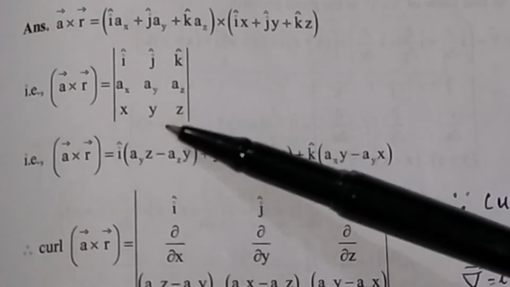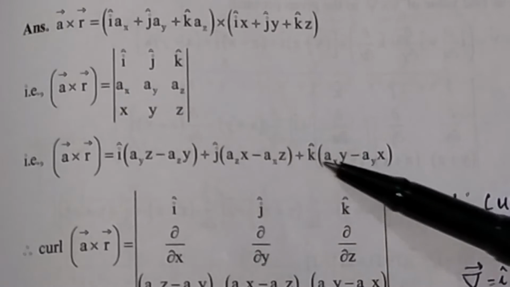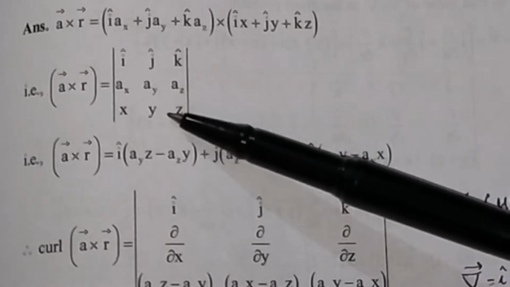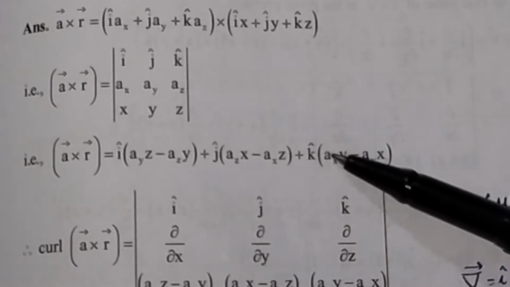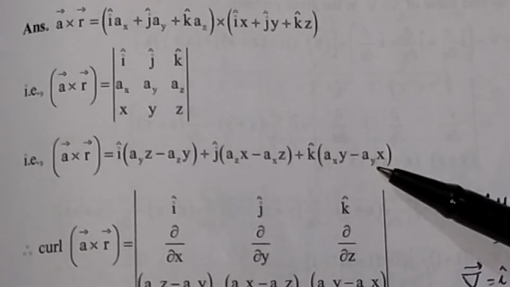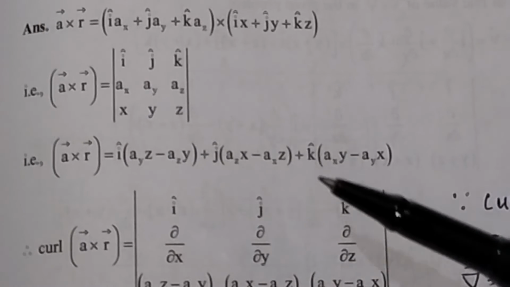So for k cap it will be Ax y minus Ay x. So this will be the cross product of A cross R.